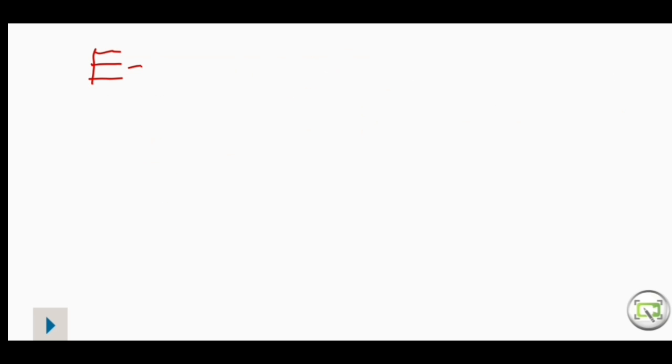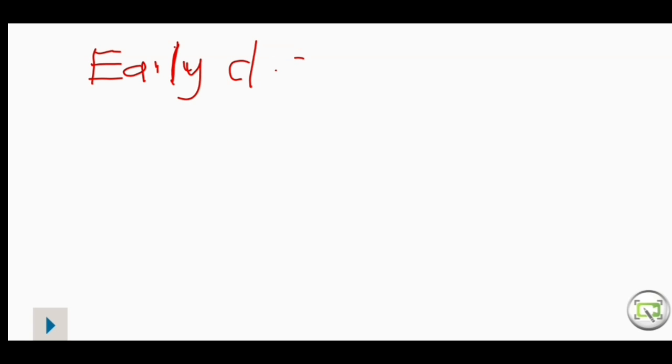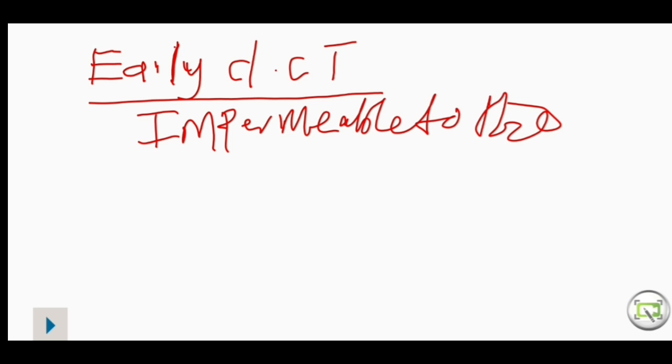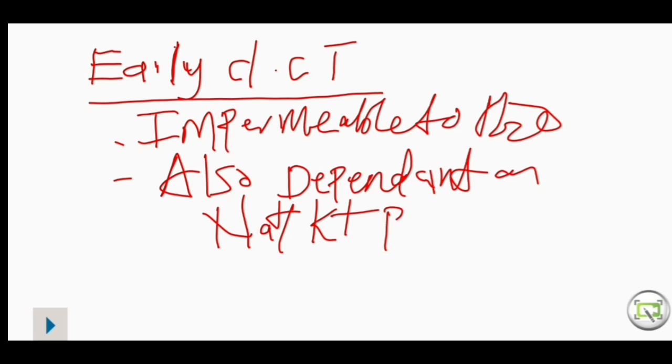The early distal convoluted tubule is also impermeable to water, but the reabsorption of calcium, sodium, and chloride is dependent on the sodium potassium pump. The sodium potassium pump is the driving force for the reabsorption.